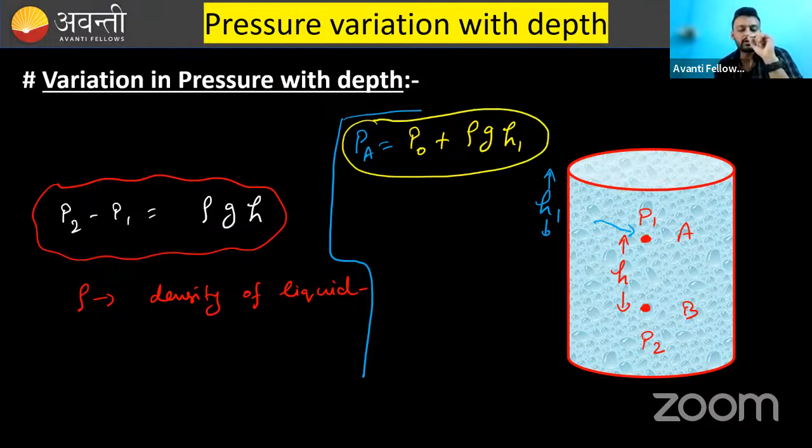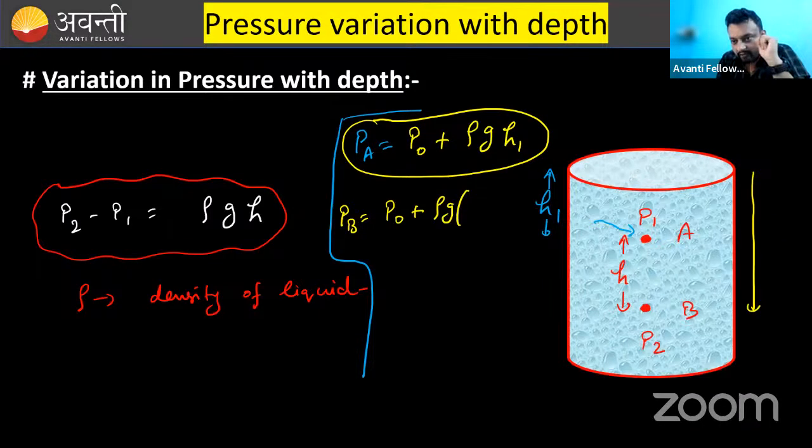If you want to write the total pressure at point A, it is atmospheric pressure plus the pressure exerted due to the depth, which is rho g h1. Is it clear? Similarly, if you want to write pressure at point B, then it will be atmospheric pressure P naught plus rho g, what is the depth of point B?